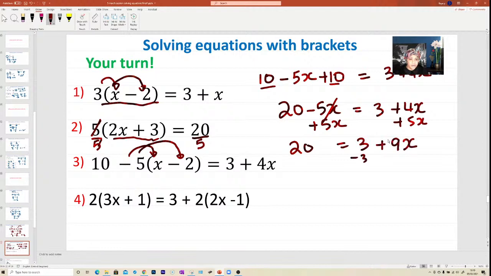Take away 3 on both sides. So we got 17 equals, these will cancel, 9x, and then we divide by 9 on both sides. So x is equal to 17/9. And that one is for number 3.